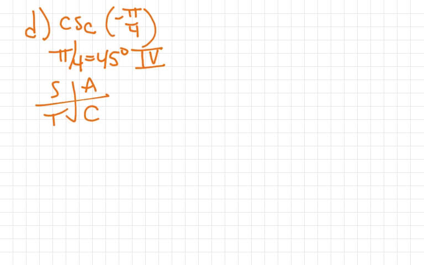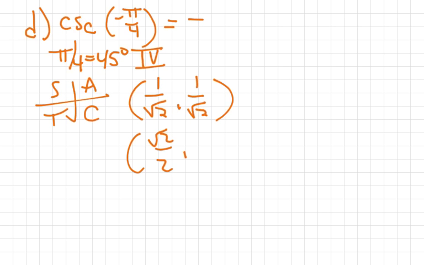And I know that in quadrant 4, only cosine and its reciprocal are positive. Cosecant is the reciprocal of sine. So I know the answer is going to be negative something. Well, if the reference angle is 45 degrees, then the ordered pair is 1 over radical 2, 1 over radical 2. Or you could tell me it's square root of 2 over 2, square root of 2 over 2. Remember, both of those ordered pairs are the same.